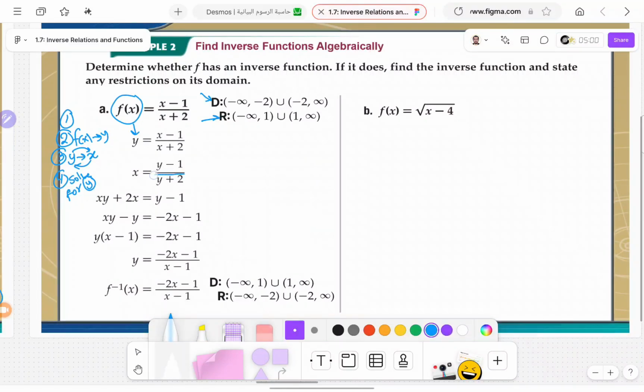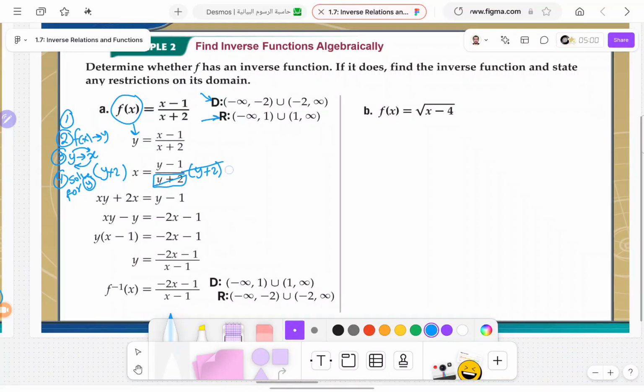So as you can see, y plus 2 here is a division in the denominator. To cancel it, you have to multiply both sides by y plus 2. After you multiply both sides by y plus 2, you can cancel this one with this one here.